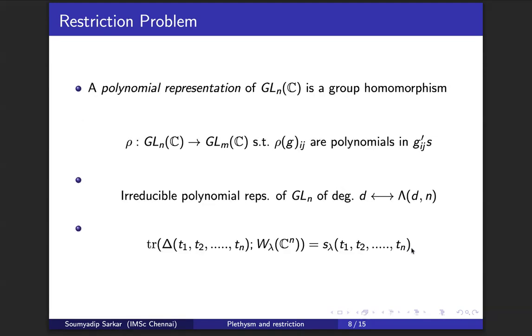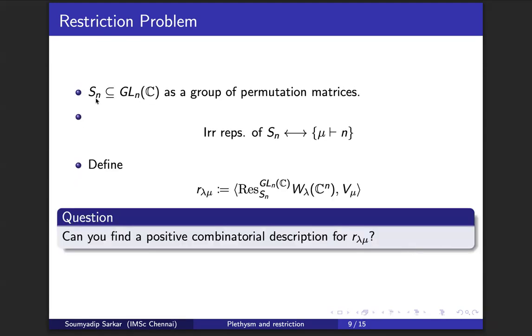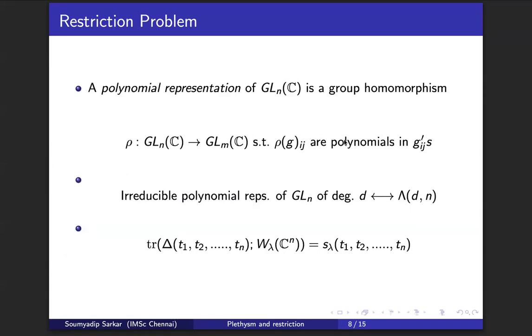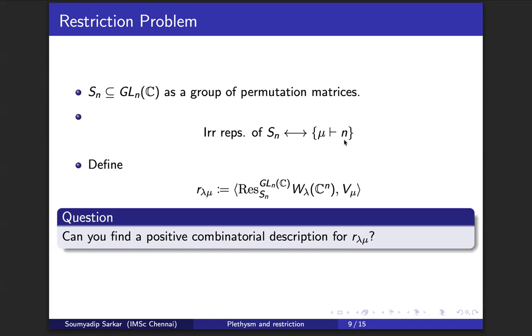So now here is the restriction problem. You can think of Sn as a subgroup of GLn(C), sitting inside as the group of permutation matrices. We know that irreducible representations of the symmetric group are parameterized by partitions of n. Polynomial representations of GLn are parameterized by partitions of some number d into at most n parts, whereas representations of Sn are parameterized by partitions of n.